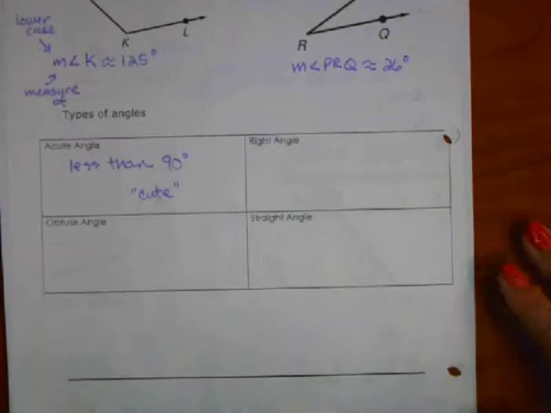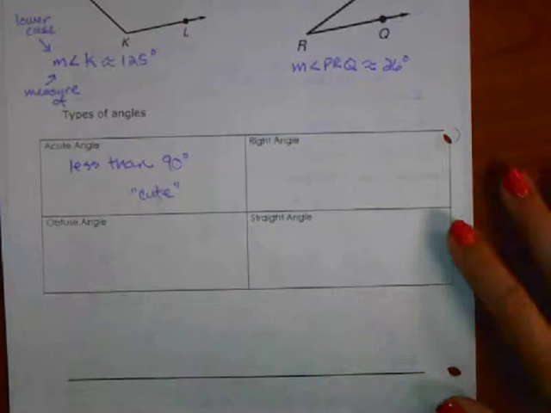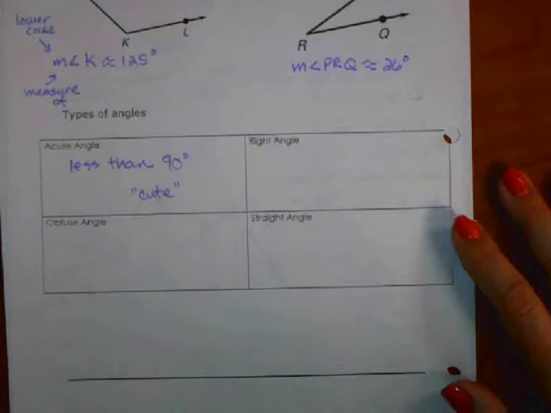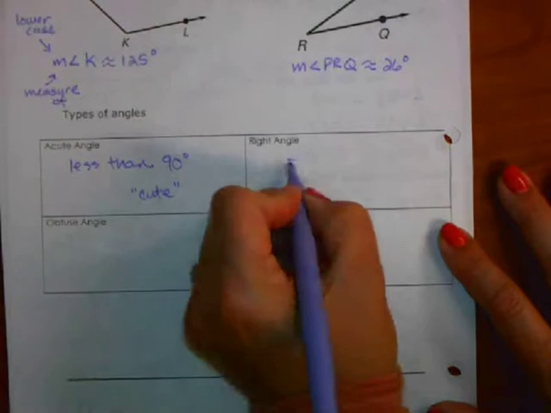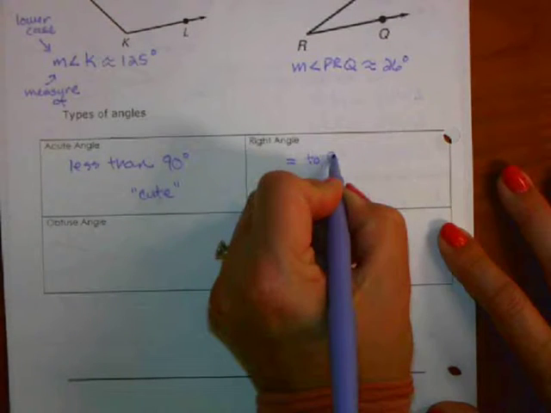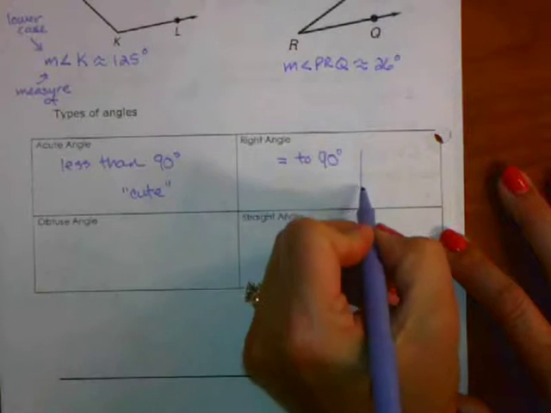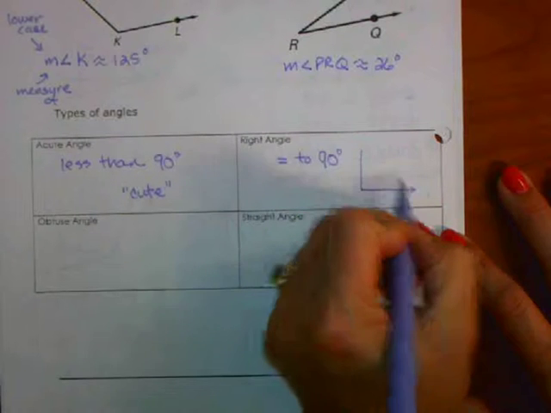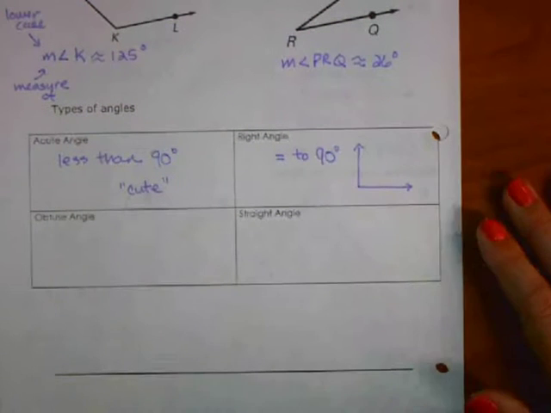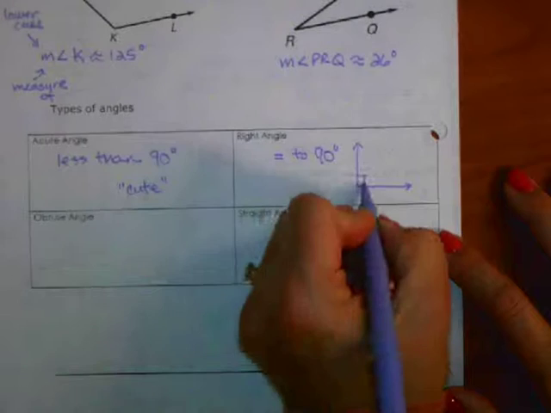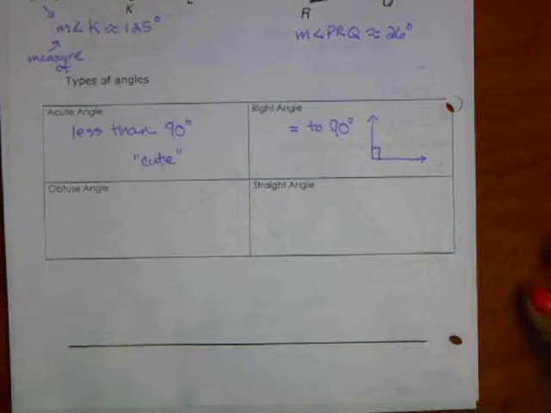A right angle is what? What degree measure? Right, equal to 90 degrees. How do you know that it's 90 degrees on a drawing sometimes? They put that little square here. It shows you it's 90 degrees.